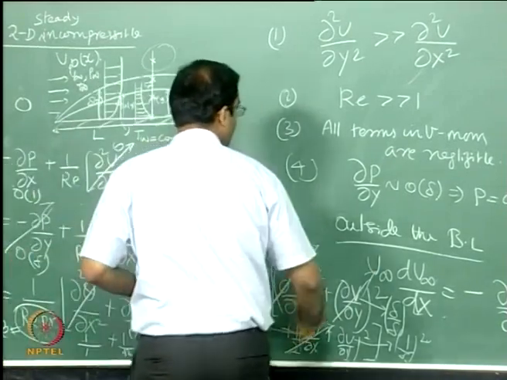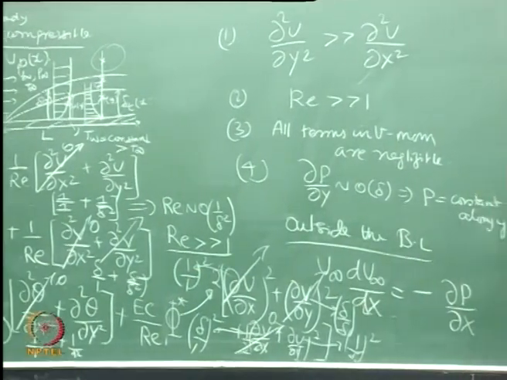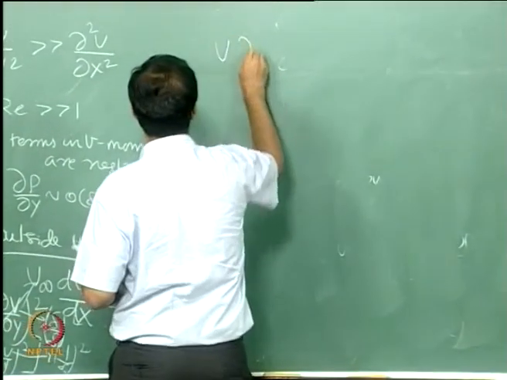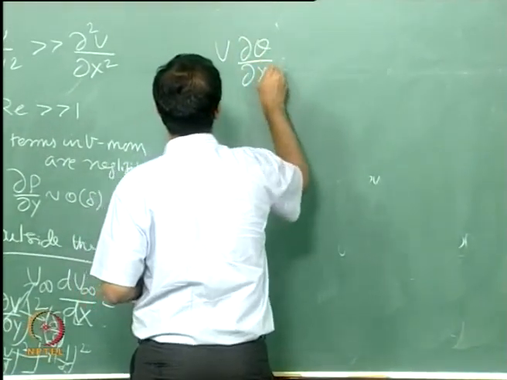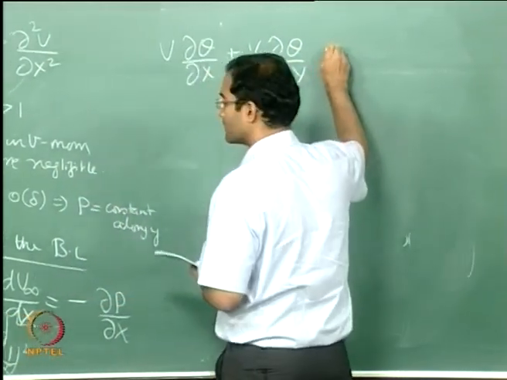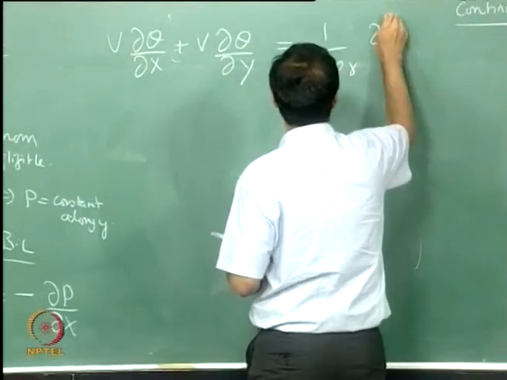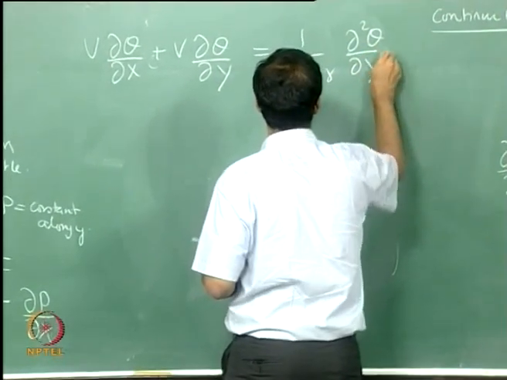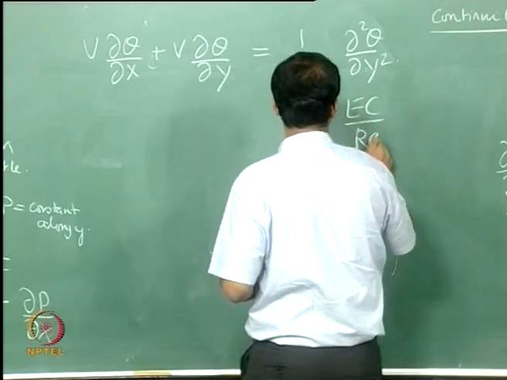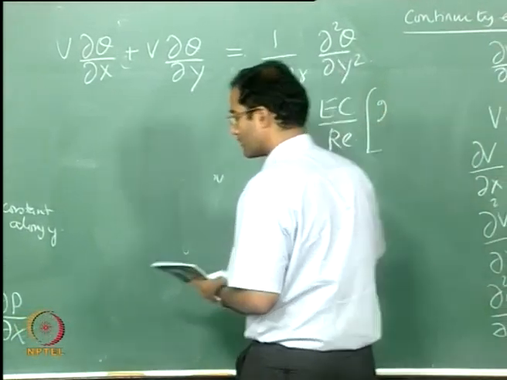So finally, if you write for temperature, you end up with the following equation, which is u d theta by dx plus v d theta by dy will be equal to 1 by Re Pr into the second derivative of theta with respect to y squared, plus Eckert by Reynolds number times 2, so 2 by 2 cancels there.